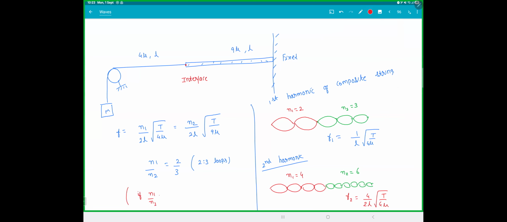If N1 by N2 is, let's say, root 2, then this implies stationary waves cannot form. Let's see one more.